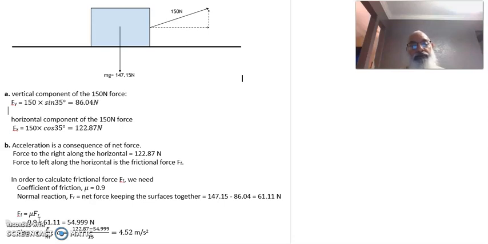Now, in this situation, if you notice, there is a weight which is acting vertically downwards, but then there is also a vertically upward component of the 150 Newton force with which the box is being pulled. So there is a vertical force downwards and a vertical force upwards.